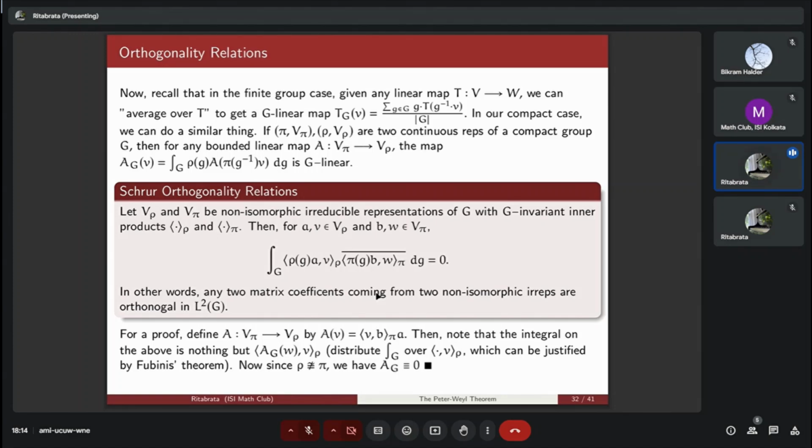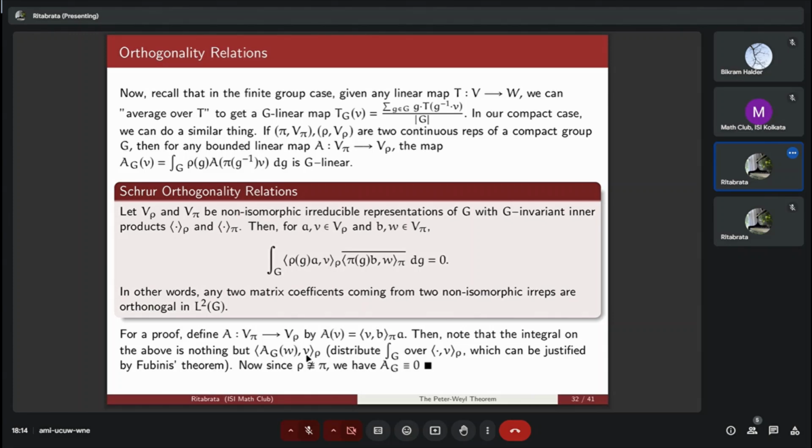Now the integral above, which I want to show is 0, is nothing but the inner product of A_G w with v, with respect to the G-invariant inner product of rho. You can easily do this because you can distribute the integration over the inner product and justify it by Fubini's theorem. A_G gives one integration and the inner product gives another, and these two integrations we can interchange.